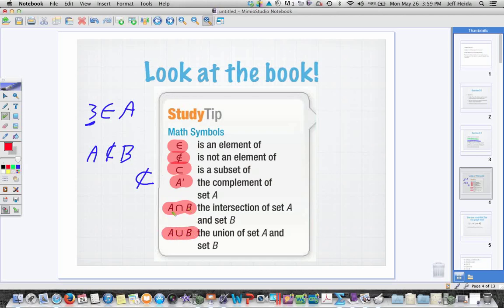So for an intersection, you might have something like everyone that is a junior at OCA intersected with all the guys at OCA, and that set would just be all of the guys that are juniors at OCA.